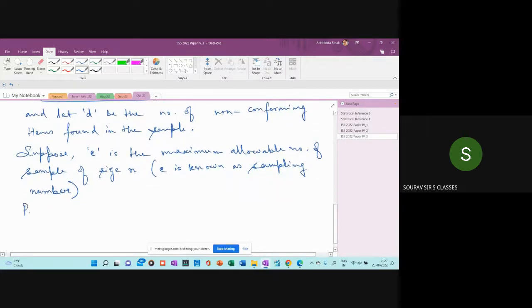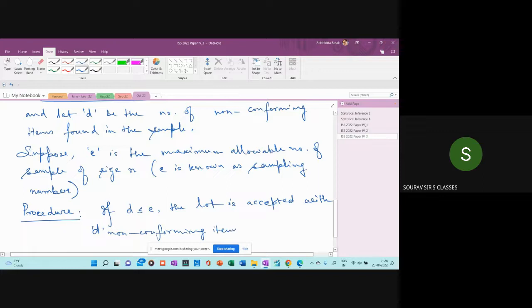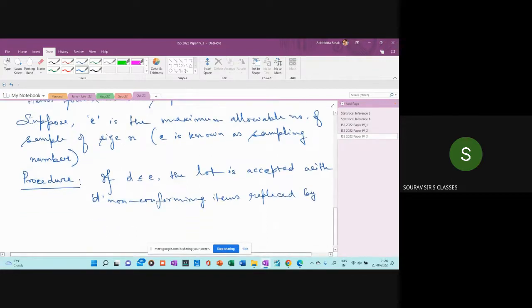The procedure says if D is less than or equal to C, the lot is accepted with D non-conforming items replaced by standard ones.